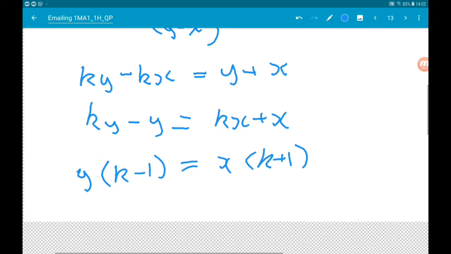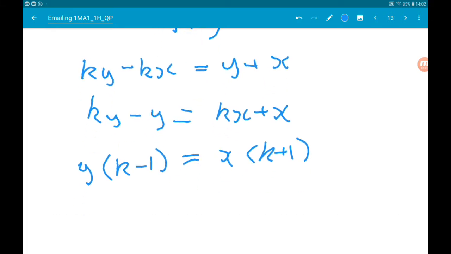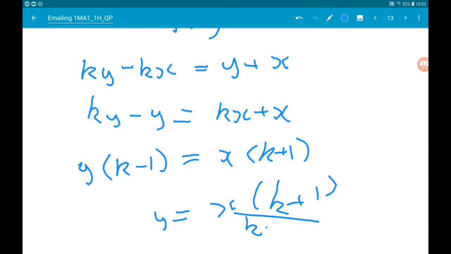And then the final step is to divide the bracket on the left away. So finally we get y is x times k add 1 over k minus 1. Boom.